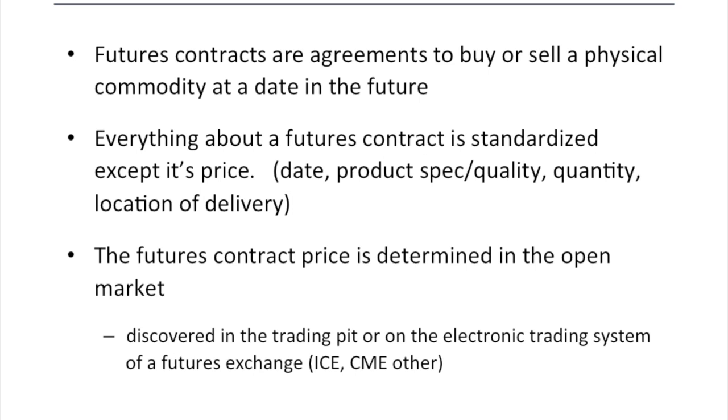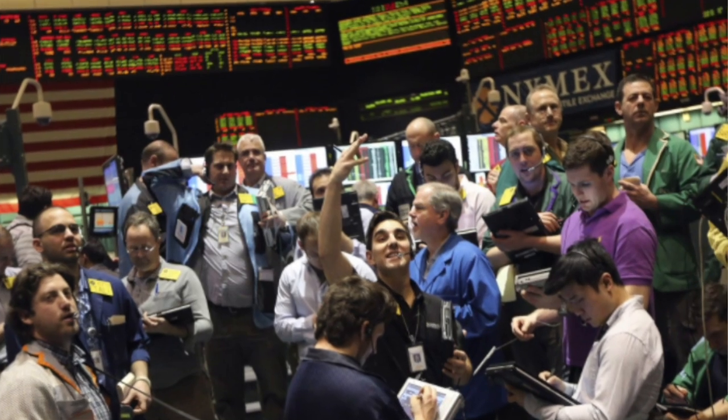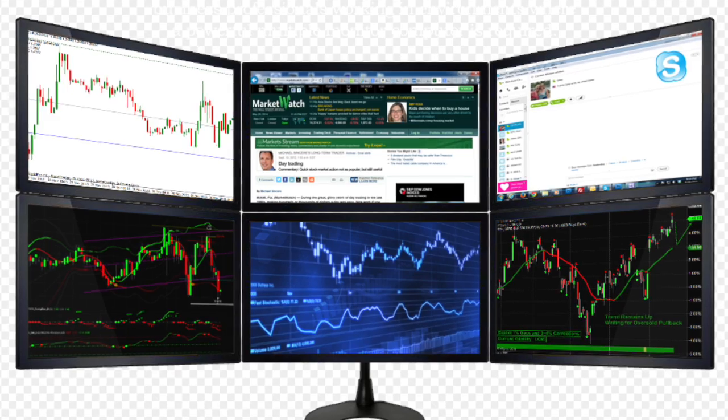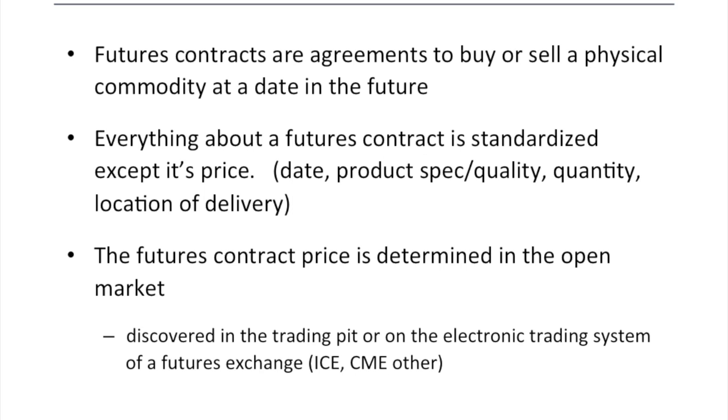In the last 10 years, we have largely evolved from open outcry trading pit to electronic trading. In fact, most of the trading pits of the world are disappearing in favor of electronic trading systems. That's not to say that phone brokers do not exist. Brokers and people still exist taking orders and entering them in electronic systems, which are very diverse.